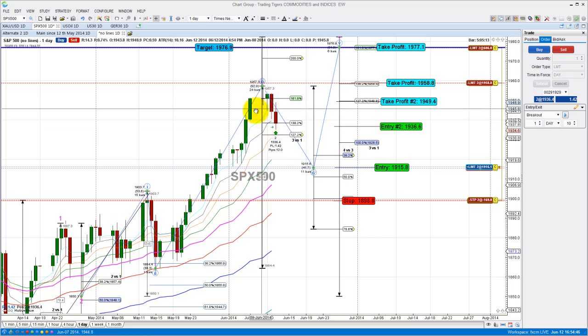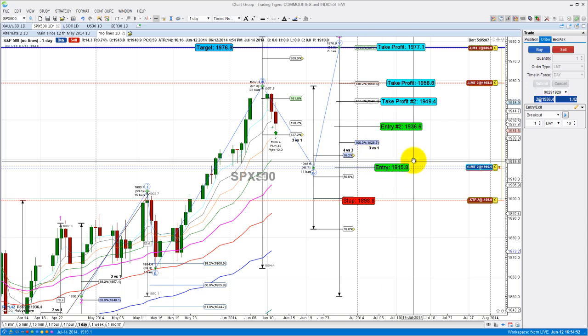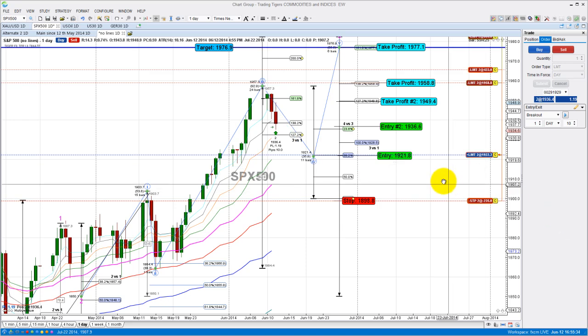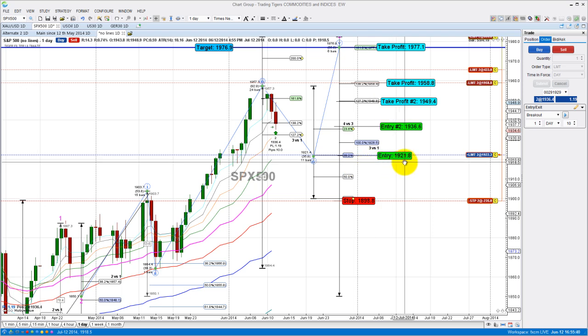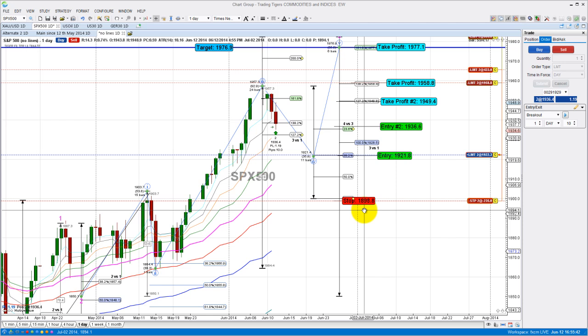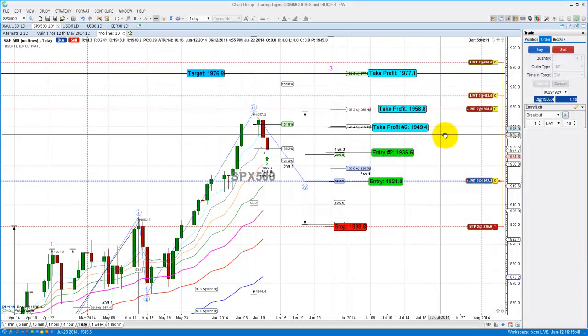In fact, as we've moved our wave up here, we can correspondingly move our entries to the 38.2 level. Entry at 1921.8, stop level at 1898.8, and targets can be the necessary ratios within the Fibonacci.